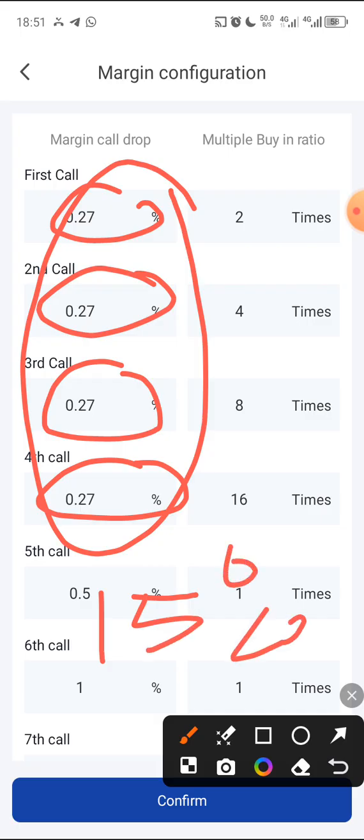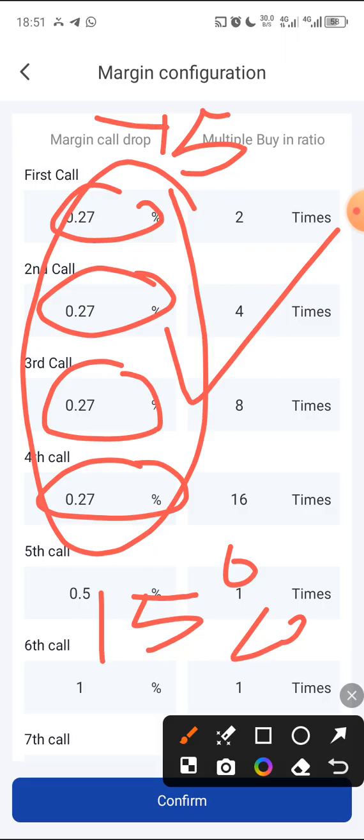Meaning, by the time your coin drops negative 15%, the robot will have bought your first 4 margin calls.